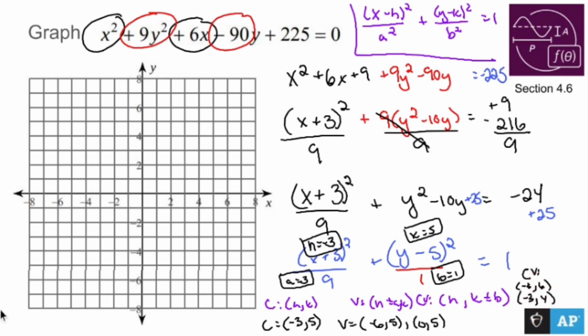So my center is negative 3, 5. My vertices are negative 6, 5, and 0, 5. And my covertices are negative 3, 6 and negative 3, 4.